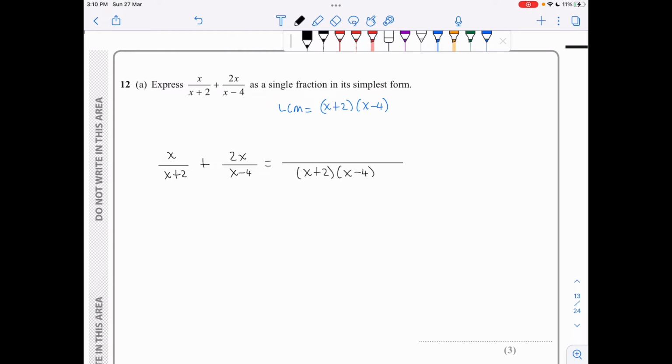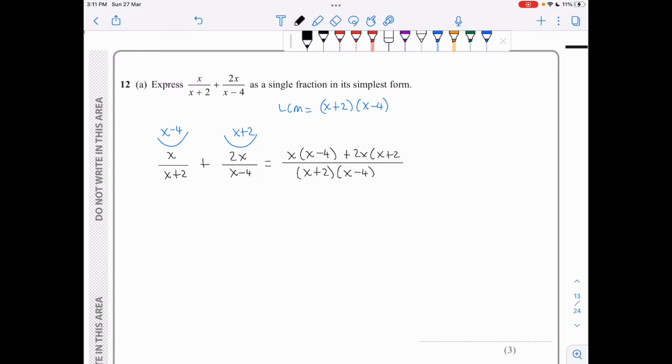Now, the first fraction here, the denominator has x plus 2, it's missing the x minus 4, so that's what I need to multiply it by. And similarly, the second fraction is missing the x plus 2, so this will be x(x minus 4) plus 2x(x plus 2).